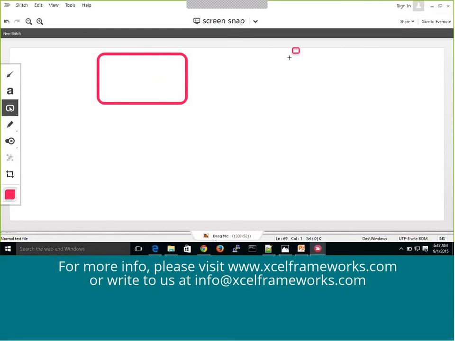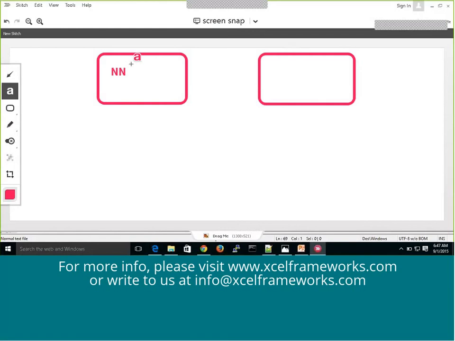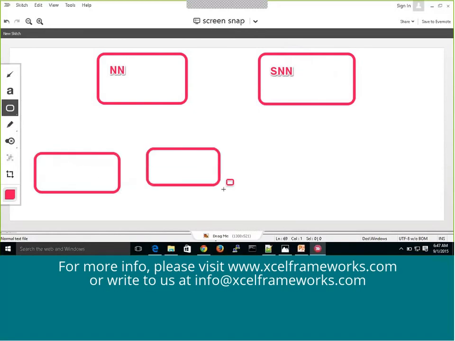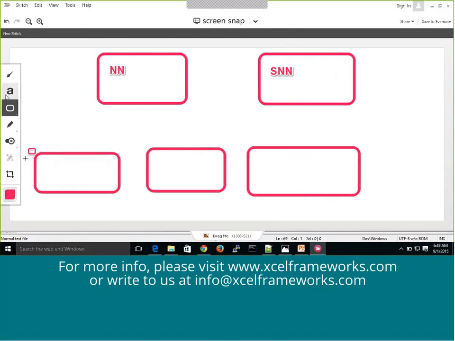If this is my Hadoop 1 architecture, this is my name node. I'll quickly draw this, guys. This is my secondary name node, and I have, for example, 3 data nodes, which I'm calling data node 1, then DN2, and then finally DN3.